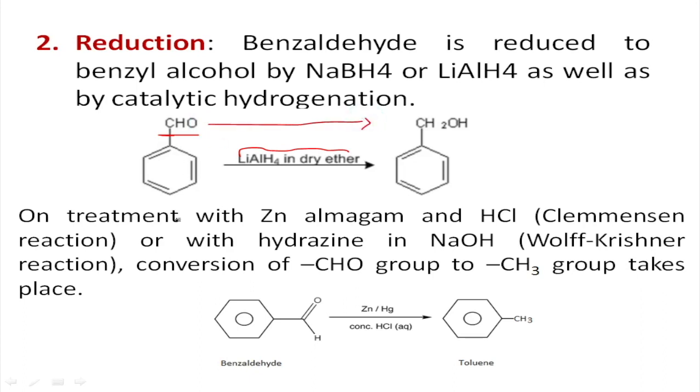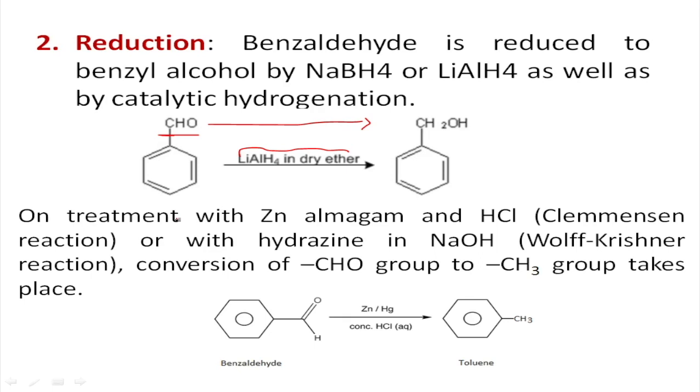On treatment with zinc amalgam and HCl (Clemmensen reduction) or with hydrazine and sodium hydroxide (Wolff-Kishner reduction), conversion of the CHO group to CH3 takes place.